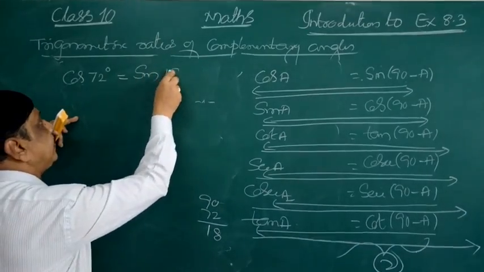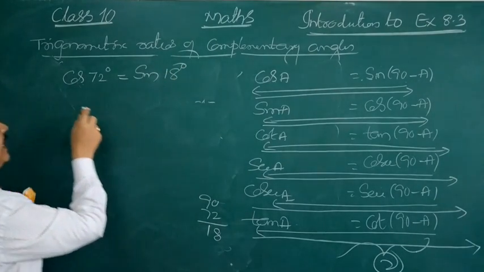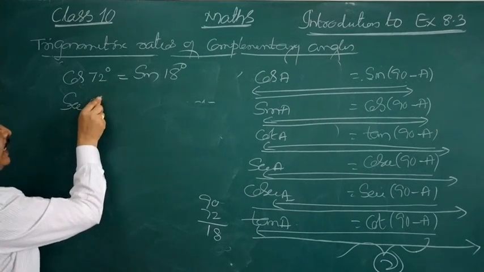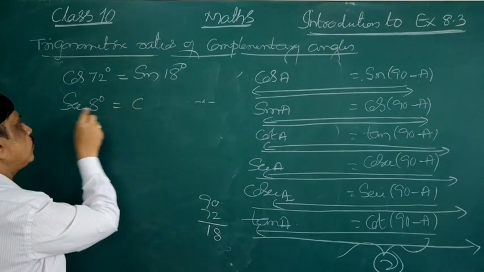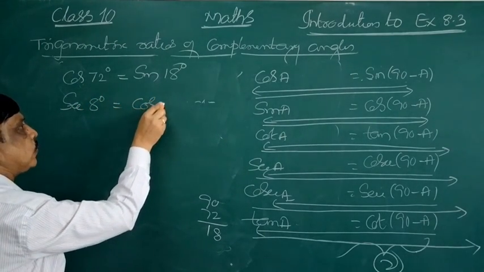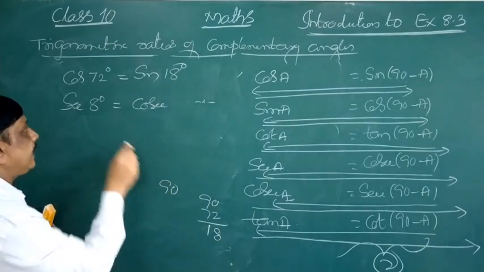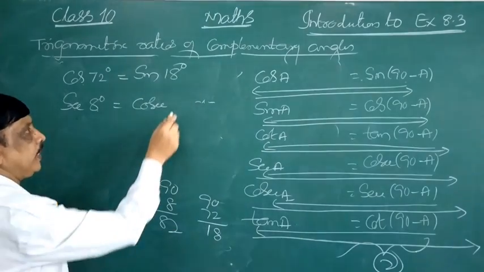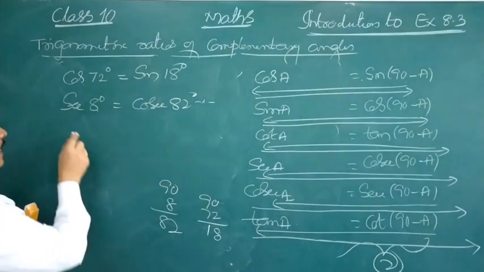Cos 72 degrees equals sin 18 degrees. And secant of 8 degrees, secant changes to cosecant. You subtract 8 from 90. So we get 82 degrees. Like this.